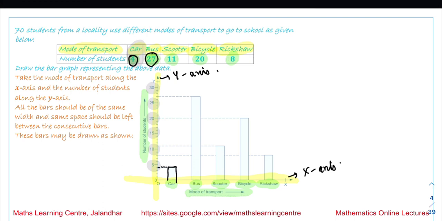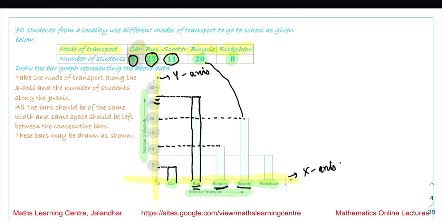Next for bus it is 27. This is 25, 26 and 27, so this point represents the height 27, and we mark this box representing the bus. Next is scooter, represented at the height of 11 units. Then bicycle, at the height of 20 units.